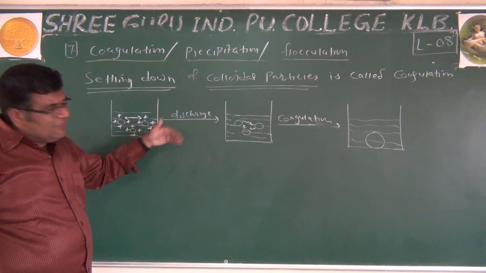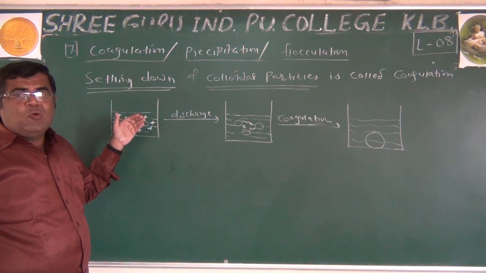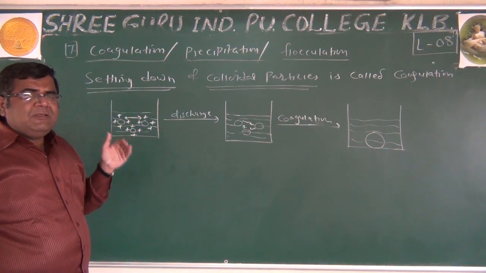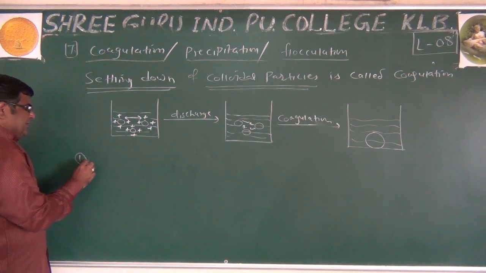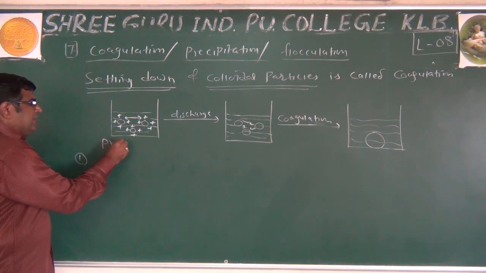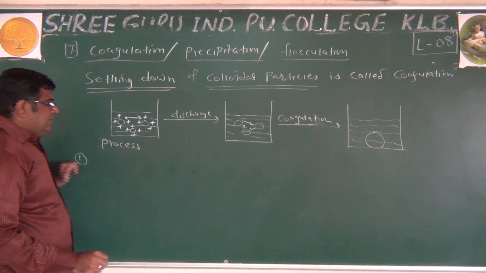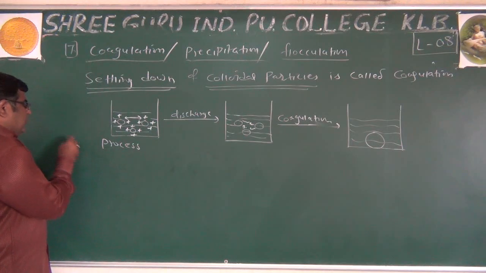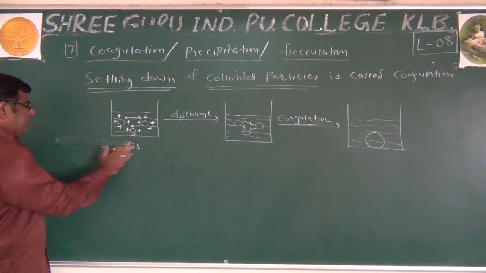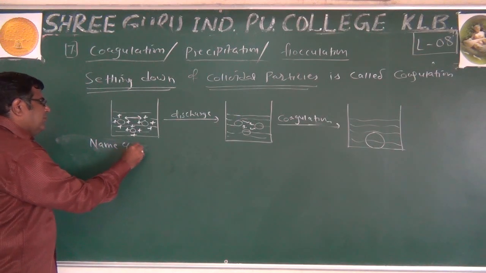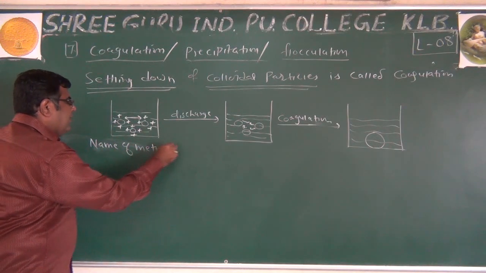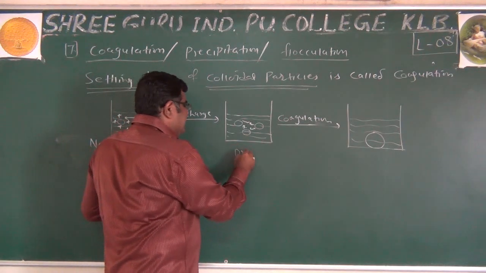Different types of methods have been devised to coagulate the colloidal particles. For the first method of coagulation we will make this table: name of process or name of method, and then the process, what exactly happens in that.